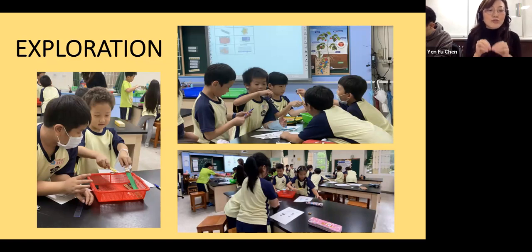I asked the students to finish the worksheets after the experiments. In the middle of their exploration, I observed whether their experiment was correct, and I encouraged those students with learning needs to try their best.